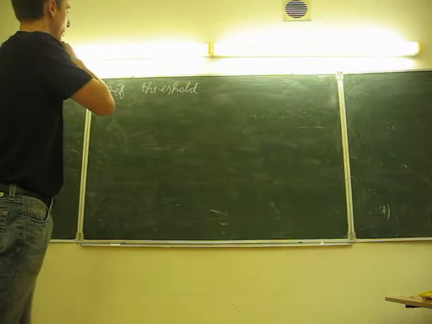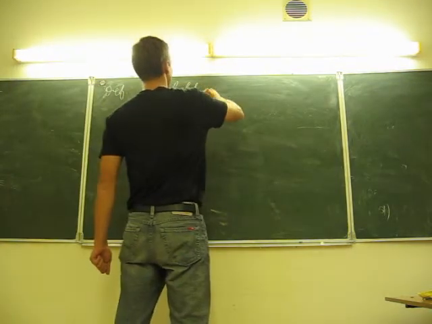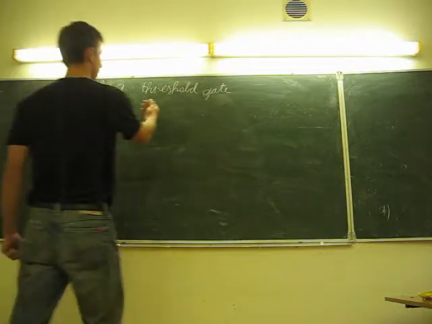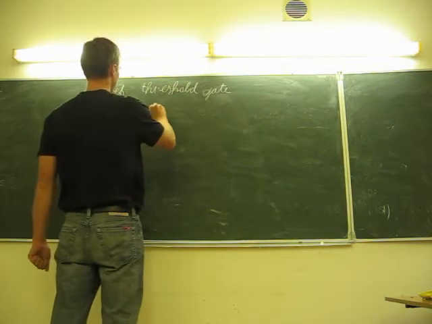Of threshold gates. A threshold gate is a Boolean function of this form.